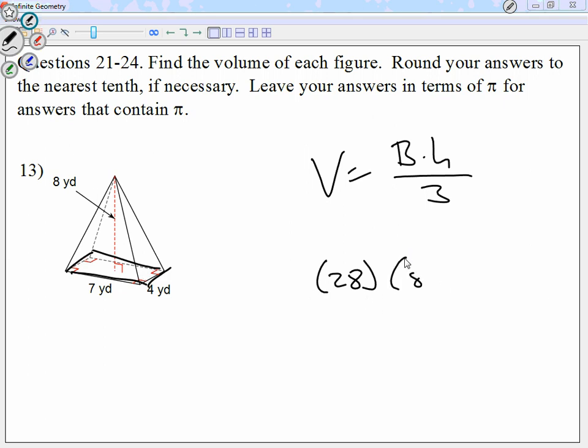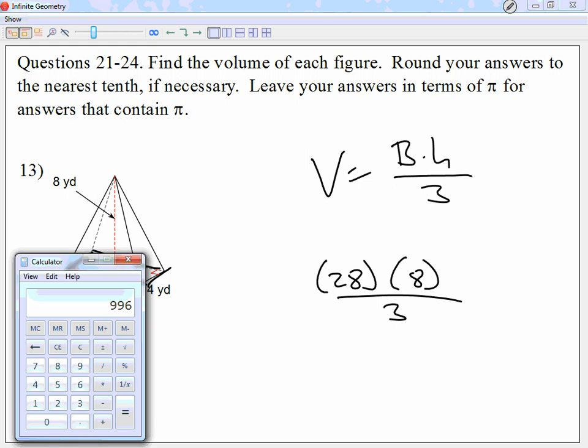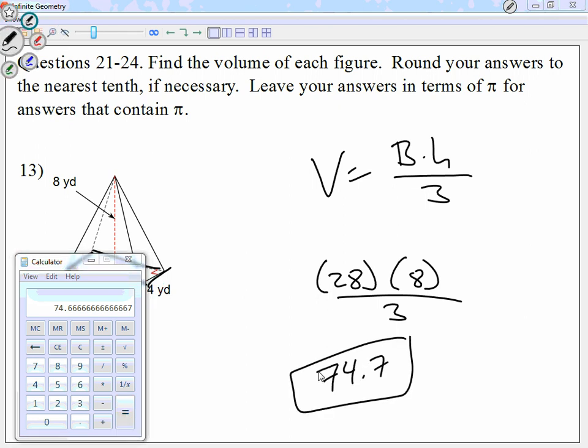The height is 8, and I have to divide this by 3. So I'm going to go 28 times 8 divided by 3. Rounded to the nearest tenth, I should get 74.7.